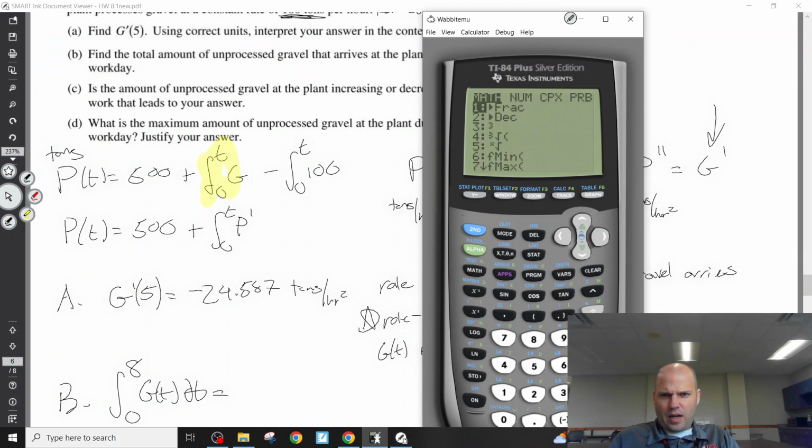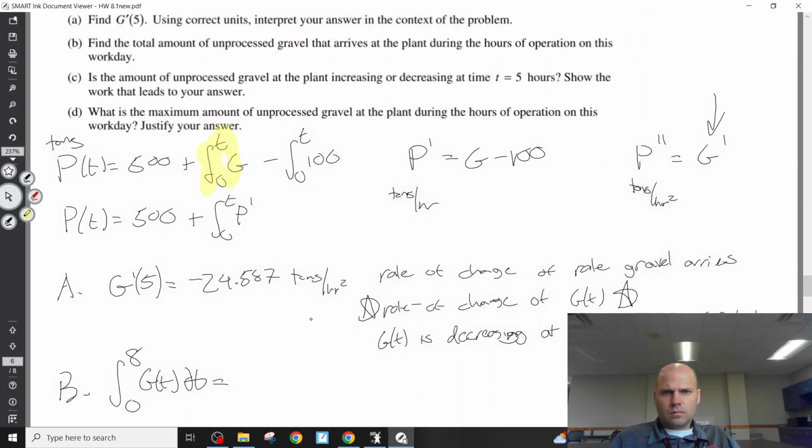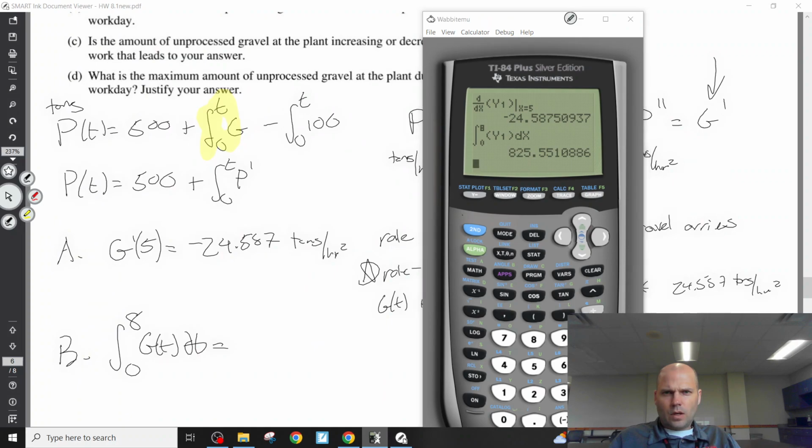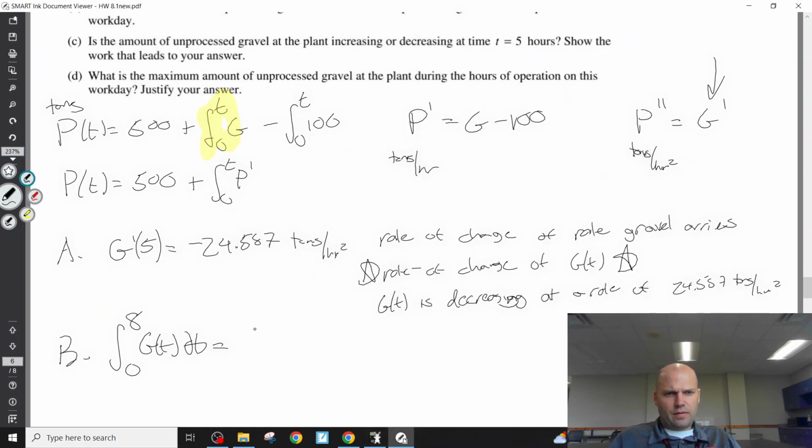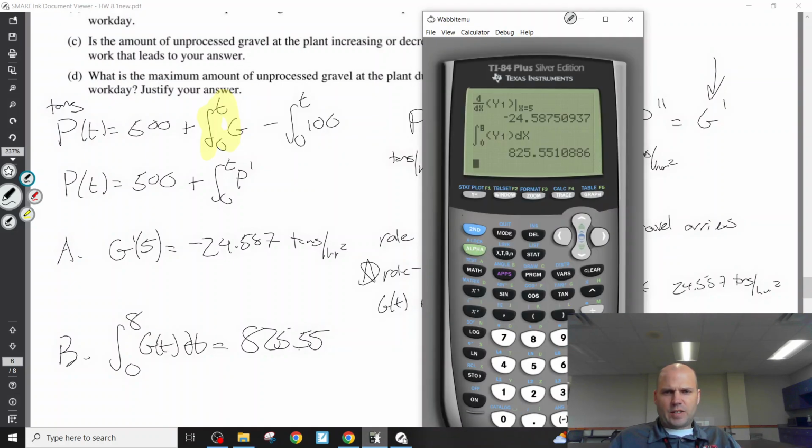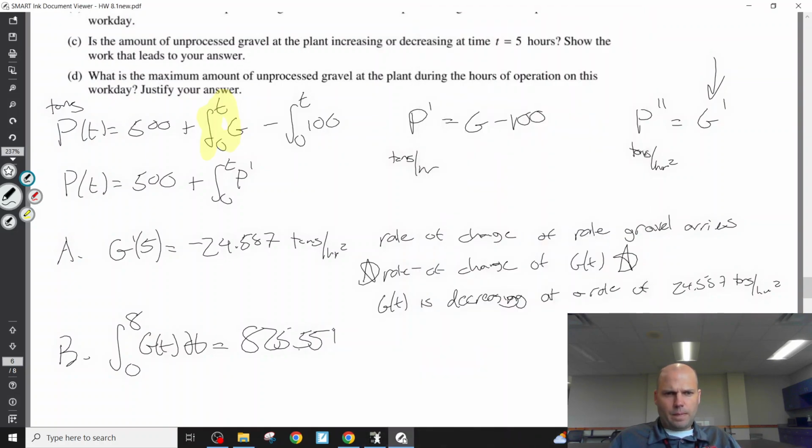So math 9, 0 to 8, y1. 825.551. Three decimal places, please. I like to truncate, so I don't have to think.